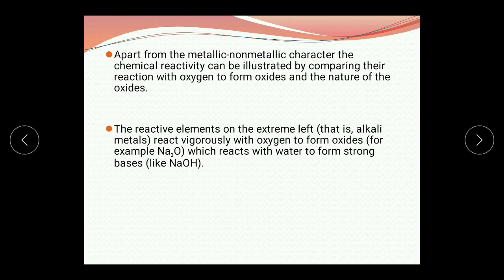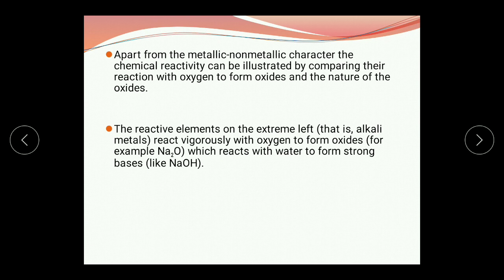The reactive elements on the extreme left, for example alkali metals, react easily and vigorously with oxygen to form their oxides, which means the reaction is very strong. And these oxides are strongly basic oxides. Why?